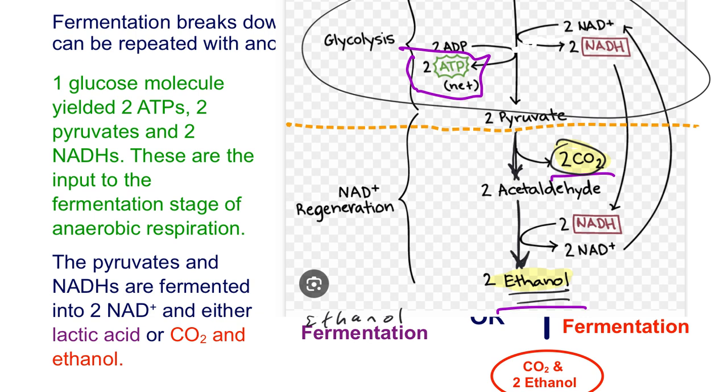So the whole point of this is to get NADH back to NAD plus so that you can recycle it and do that step up here in order that you can make ATP. The net result is still only 2 ATP per glucose molecule, just like it was for lactic acid fermentation. Okay, but it produces alcohol.